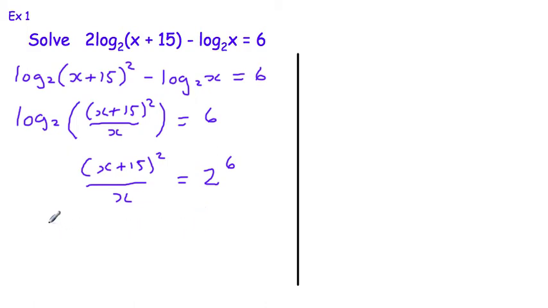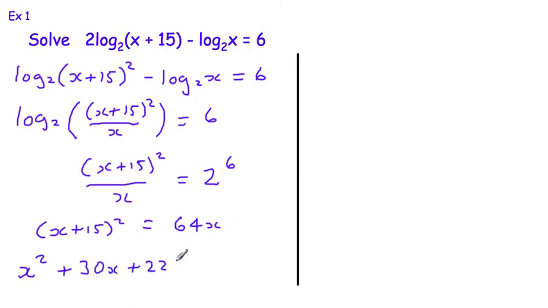So I can now say that (x plus 15) squared is equal to 2 to the 6, which is 64, multiplied by the x. Expand the bracket and we get x squared plus twice the product is 30x, plus 15 squared is 225, equals 64x.